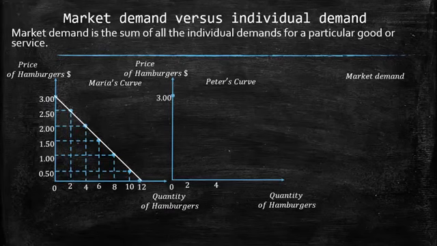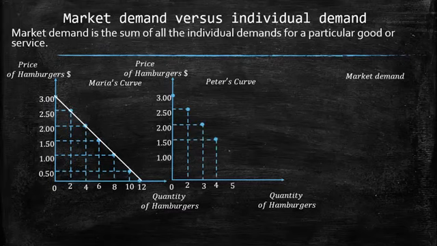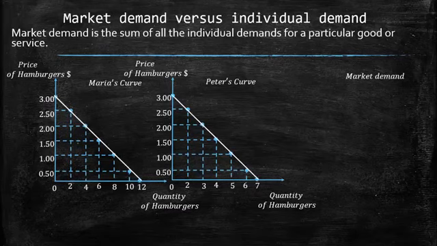At the price of 3, he's not going to consume anything. At the price of 2.50 he's going to consume 2. At the price of 2 he's going to consume 3, and so on and so forth. So here we have his demand curve.